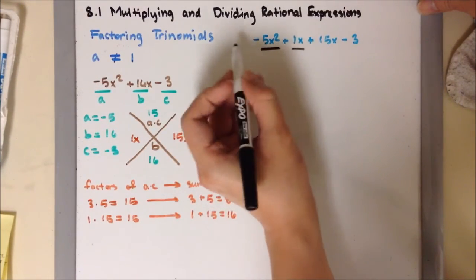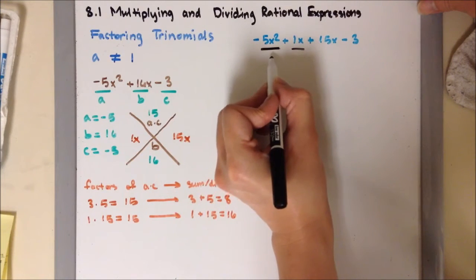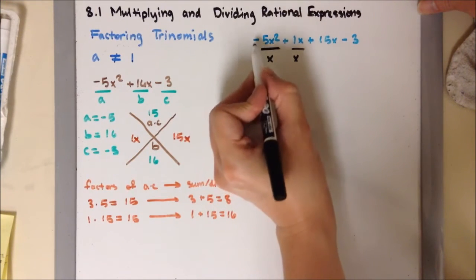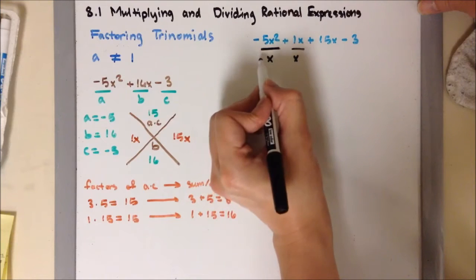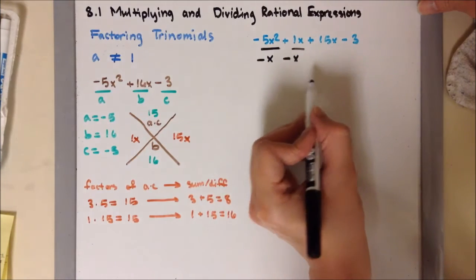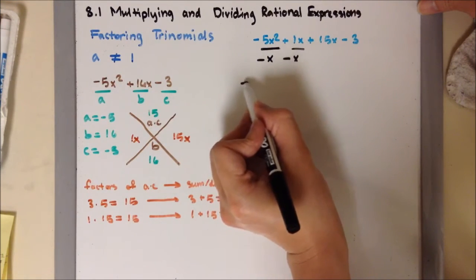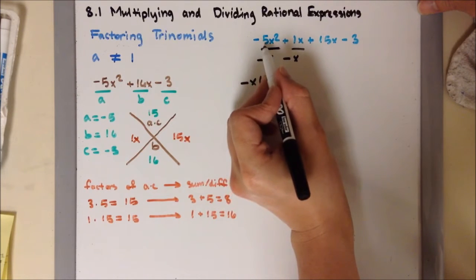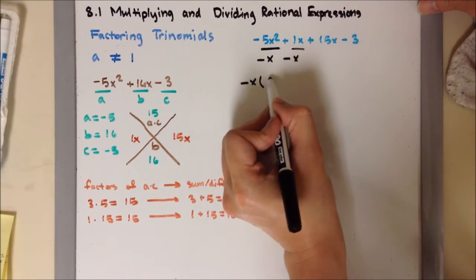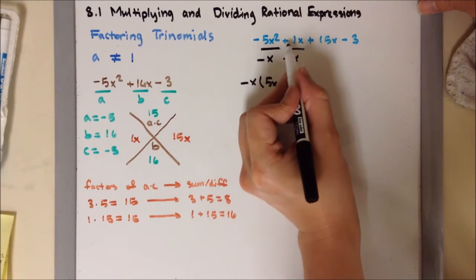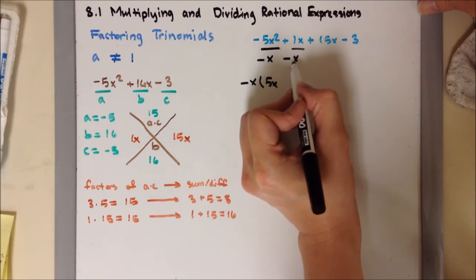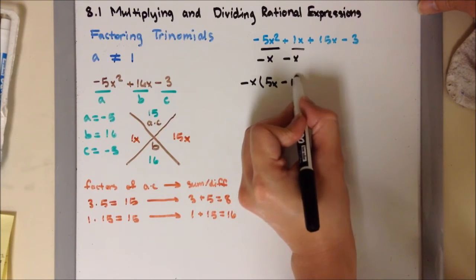What's in common is the x, but in addition, my first term on the left side is negative, so I'm going to factor out negative x. Negative 5x squared divided by negative x is positive 5x. Then positive 1x divided by negative x is minus 1.